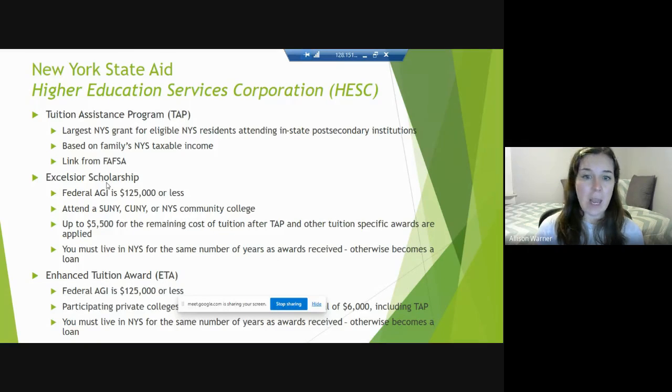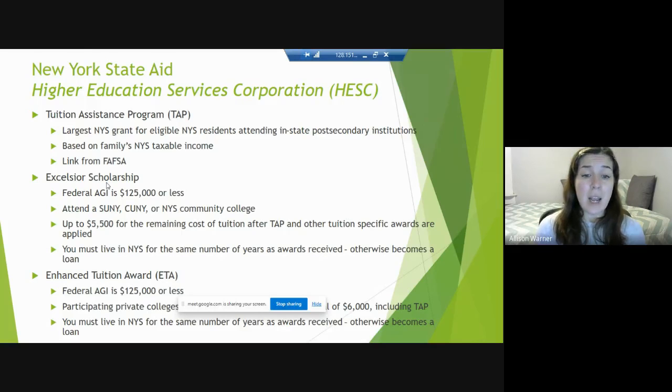So, in other words, if it takes a student 4 years to complete their degree, they have to remain in New York State at least 4 years post-graduation. If they do not stay in New York State for that minimum amount of time, then that scholarship turns into a loan. Now, the Excelsior Scholarship is for students attending SUNY, CUNY, or any New York State community college.